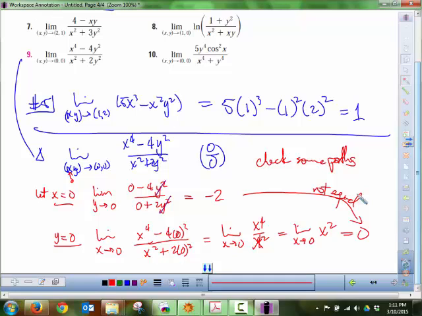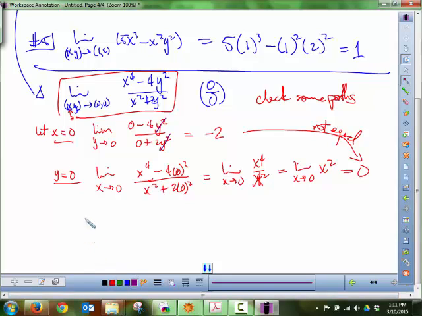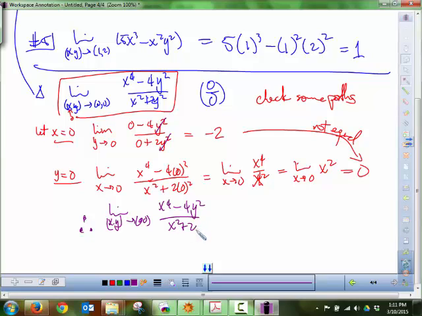Yes? So our conclusion: therefore, the limit as (x, y) approaches (0, 0) of this function does not exist.